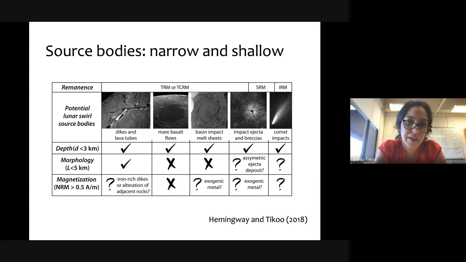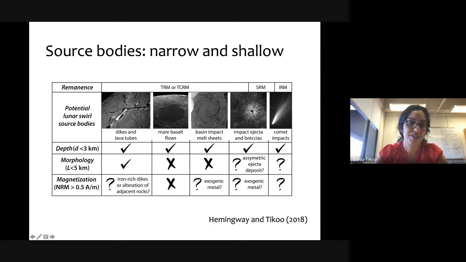So what we found was when we considered just the morphology, dikes and lava tubes can create narrow features that are shallow. The question about those is that most Mare basalts brought back from the Apollo missions are not nearly magnetic enough to produce the magnetization required to form a lunar swirl.